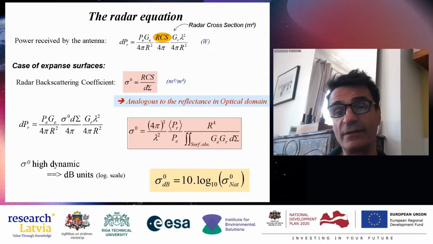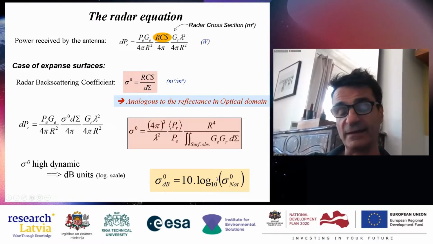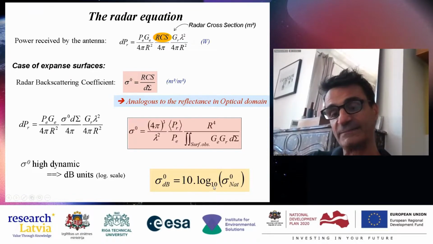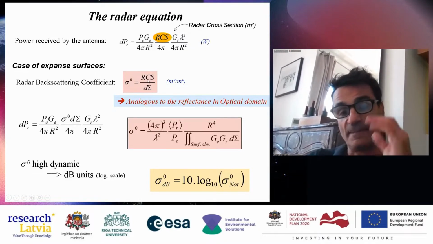And so this high dynamic is reduced by using a logarithmic scale. And so we prefer to use the radar backscattering coefficient in decibel, which is just 10 multiplied by the logarithm in base 10 of this that you get here.